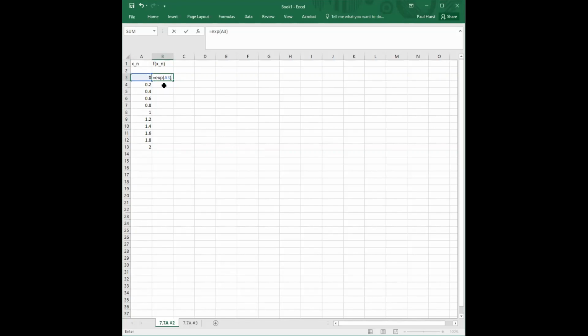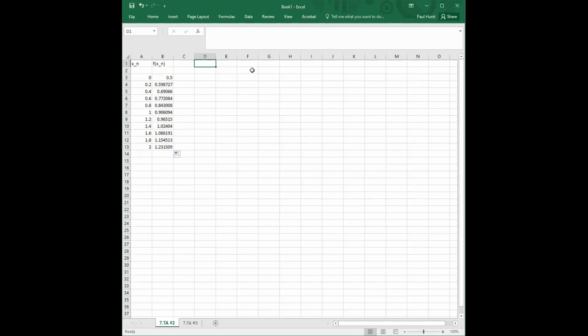It's going to use 0, that one. And then I'm going to divide by, in parentheses, 2 plus A3 squared, like that. Okay, so I get that, and you can see it up here. I can double click, or I can grab that and drag it down there. So those are all the function values right there.